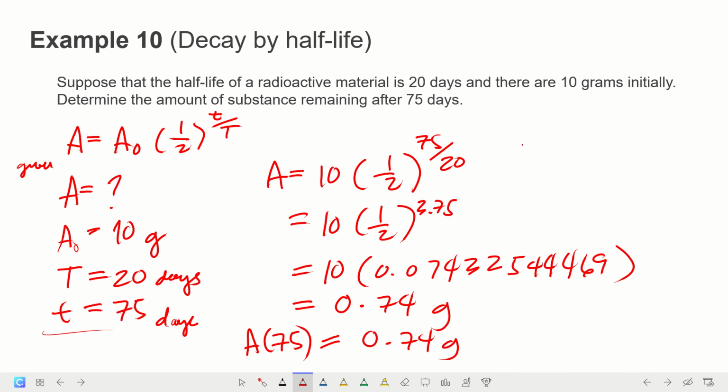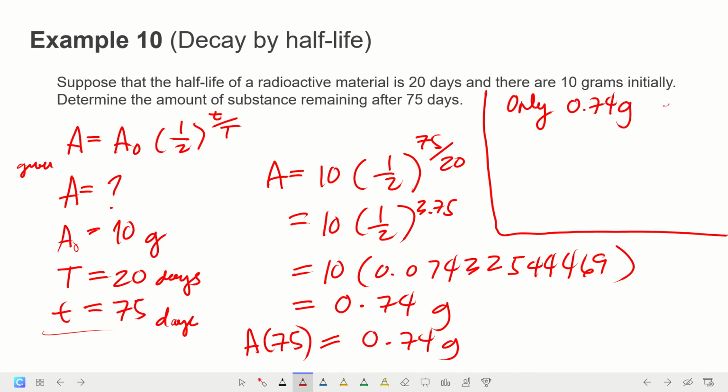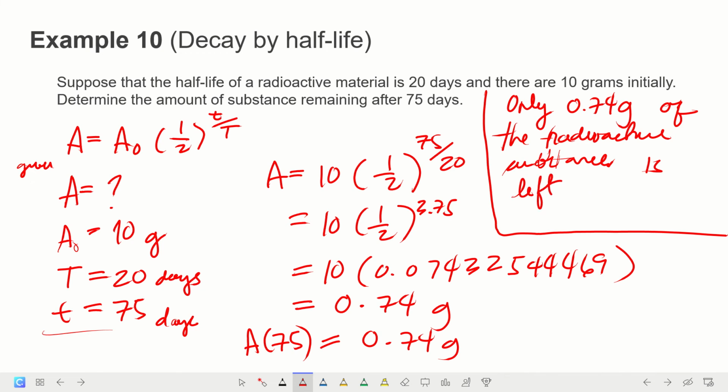Therefore, to conclude, we can say that only 0.74 grams of the radioactive substance is left after 75 days. Correct nyo lang yung grammar nyo.